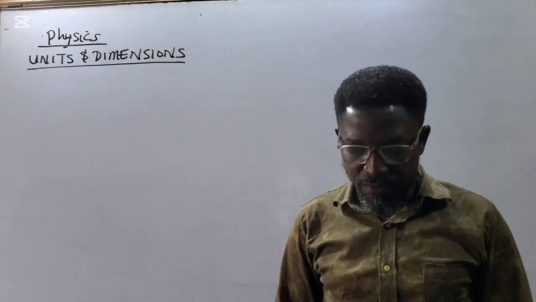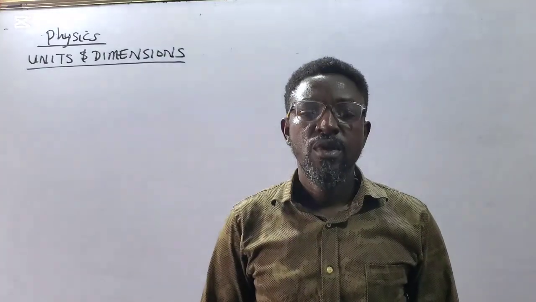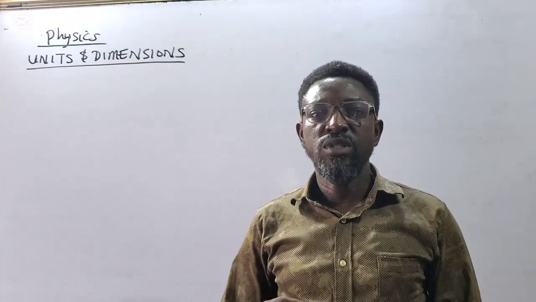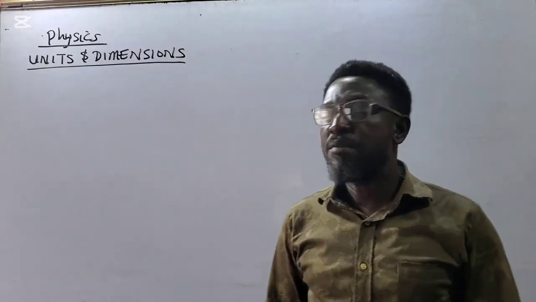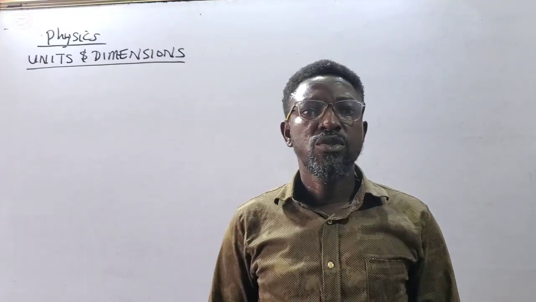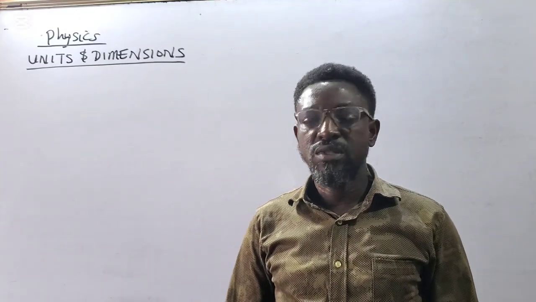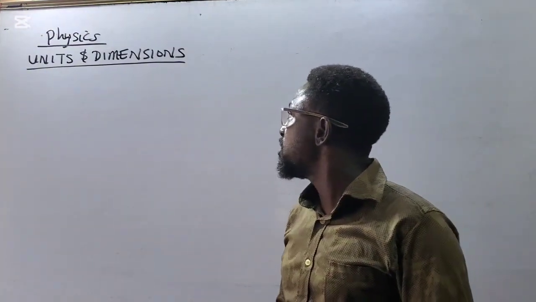And then we have current, the unit of that is the ampere. But the three basic fundamental quantities are mass, length, and time. The unit of mass is kilogram, the unit of time is seconds, and the unit of length is meters.